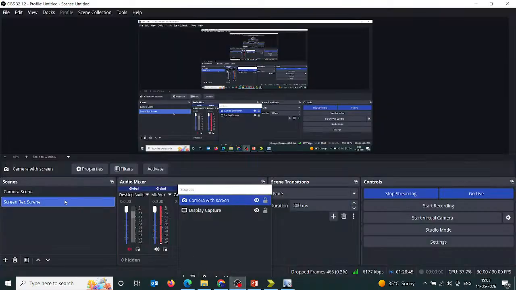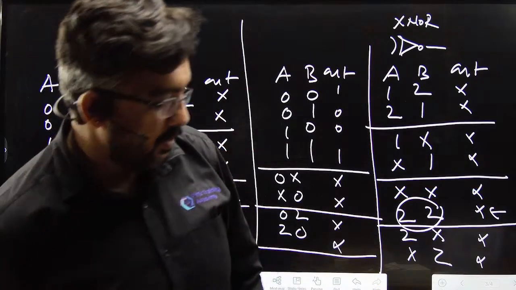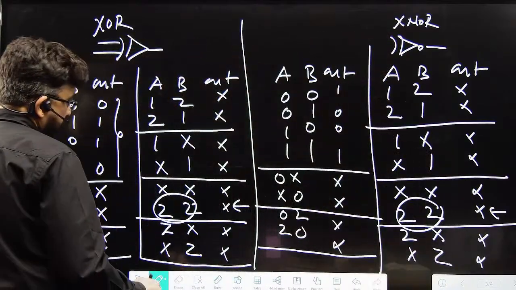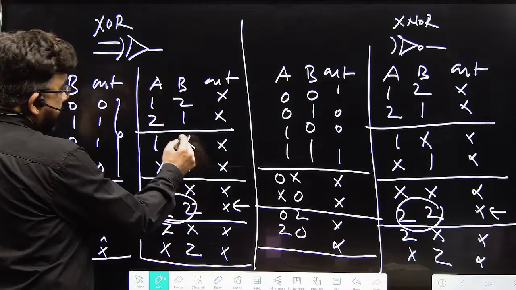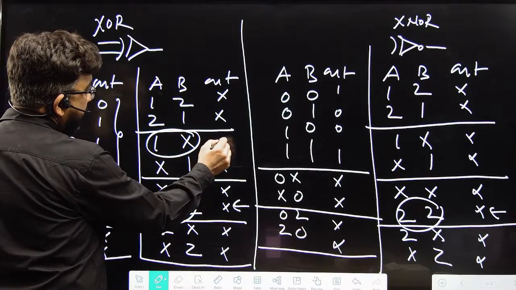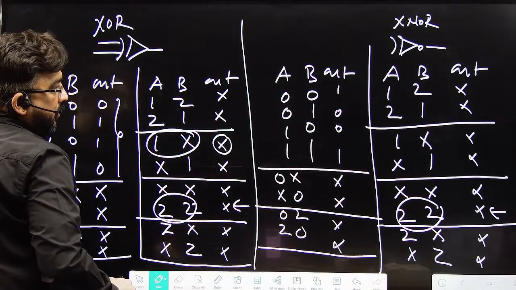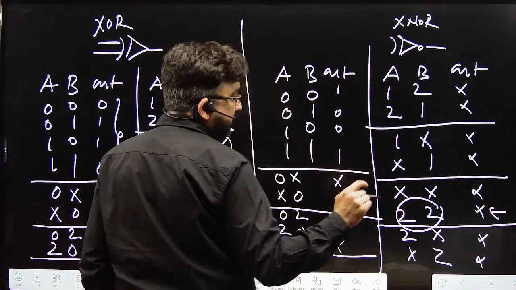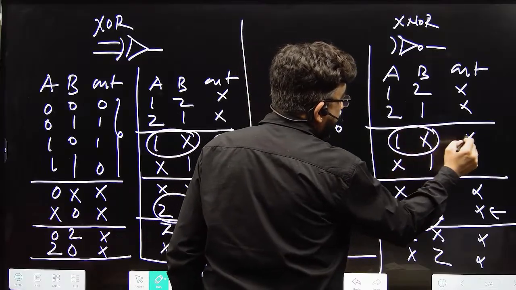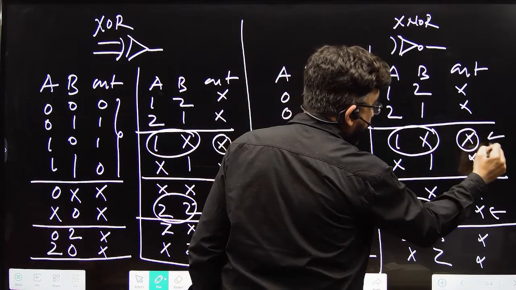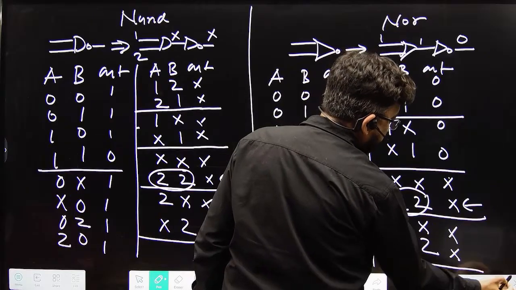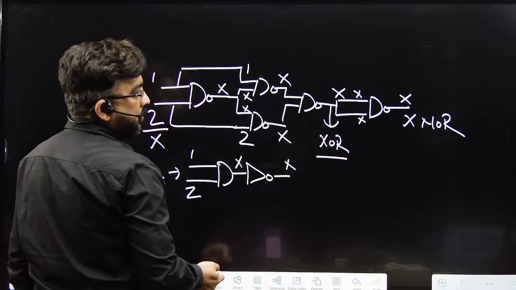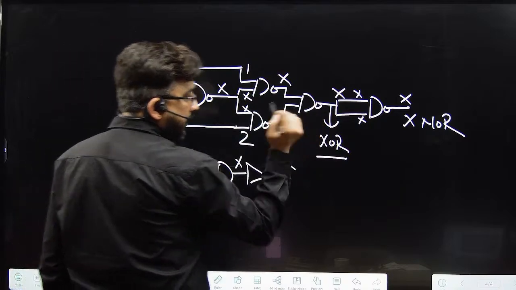Let me go back to the screen. See here, in case of XOR, if I give 1 X, I am getting output X. This is correct. In case of XNOR, I am getting output X. I already proved this here.